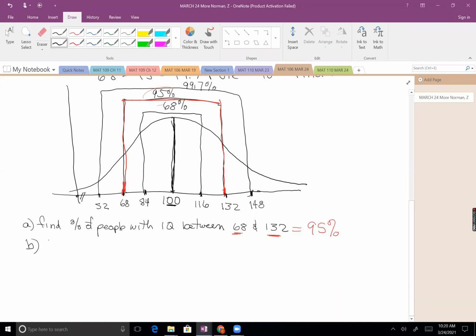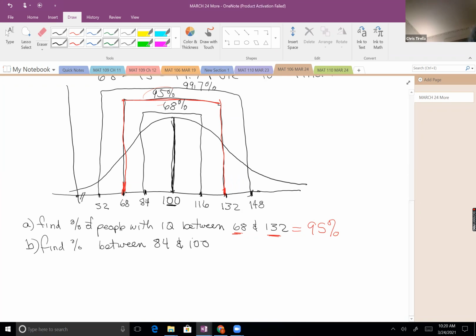Yeah. Next one, we want to find the percent of people between 84 and 100. 84 is here. But let's see, 100, that's my middle. So 84 is part of the 68%. But you see how we're only taking up to the middle?